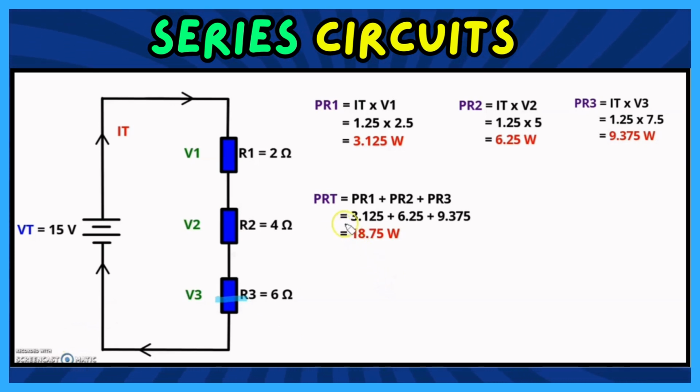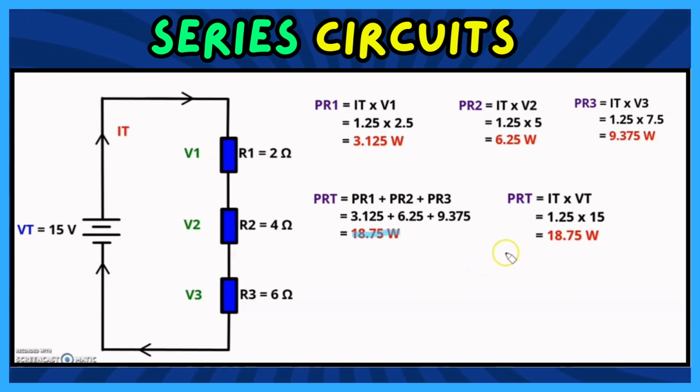So the total power of the circuit will be power R1, R2, R3 added together, and I will get a total of 18.75 watts for the whole circuit. Now guys, if you have calculated all of that, you can use the same power formula, but now take everything in total.